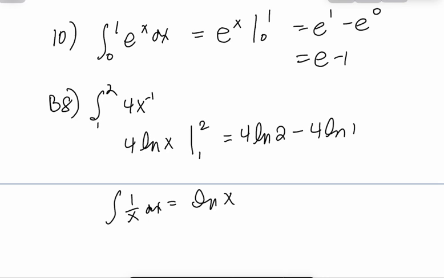Think about if you tried to use the rule we have. If you add 1 to that power, what do you get? You get x to the 0, which makes it seem like it's a constant. It becomes 1, and so it doesn't work out that way either. So that's why you just have to recognize that if it's an x to the negative 1 power, 1 over x, or 4 over x, or 7 over x, you have to go backwards and become a natural log.